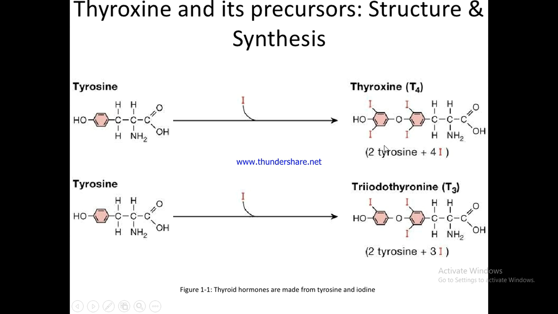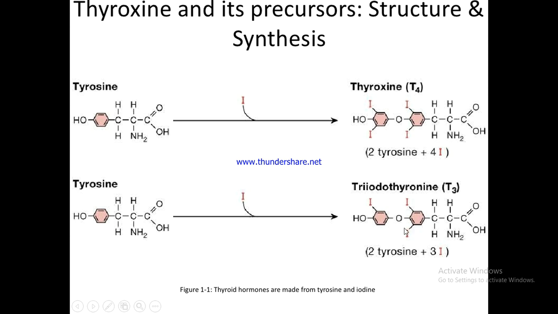These get iodinated when two tyrosine molecules and four iodine molecules combine by the process of coupling. T4 results. Similarly, in the formation of T3, two tyrosine residues and three iodide ions take part, and T3 molecule is formed.